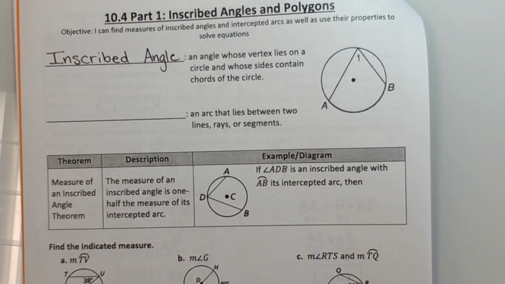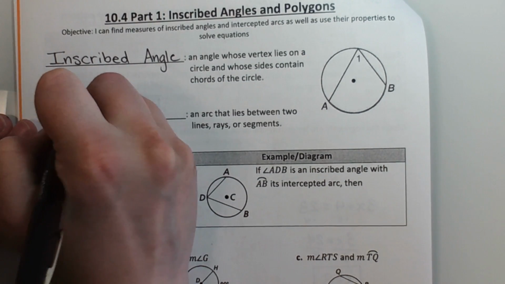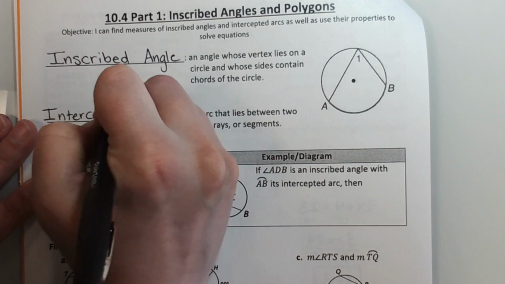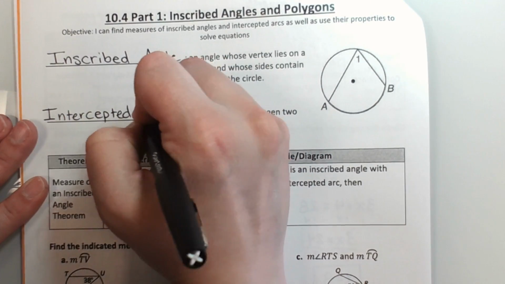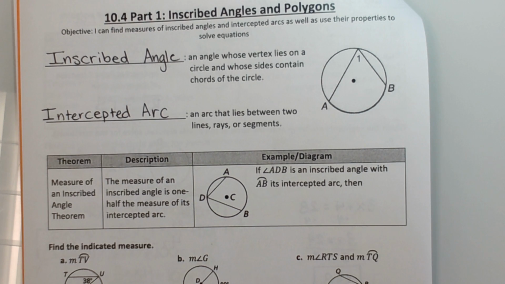Now, inscribed angles also have their corresponding arcs, but those corresponding arcs have an actual name. They're called intercepted arcs. Much like with central angles, one of the things I talked about is that the central angle and its corresponding arc kind of make a pie slice.